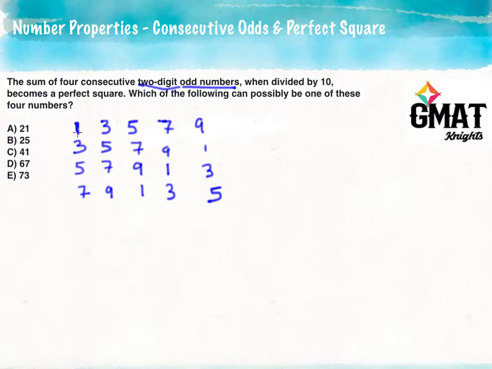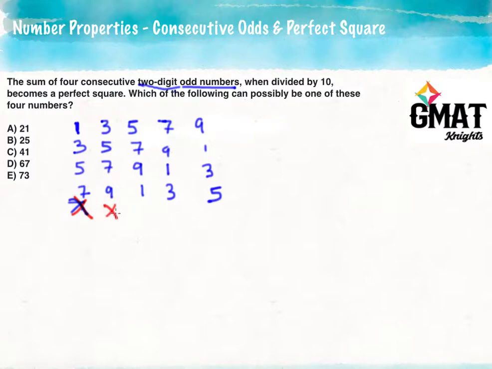Otherwise, we will ignore. So the first one is 1 plus 3, 4 plus 5, 9 plus 7, 16. So this is not the case that we are looking at, so we will ignore this case. This is 3 plus 5 plus 7, 15 plus 9, 24.